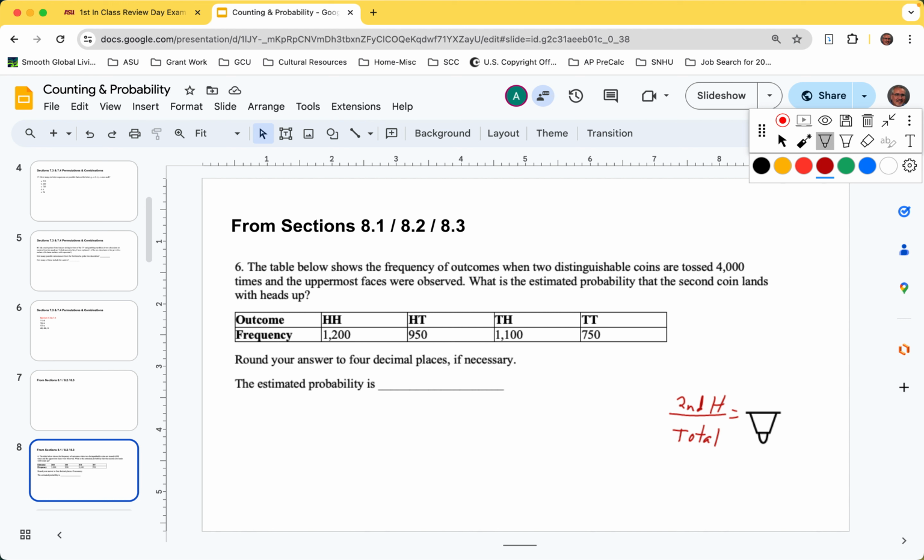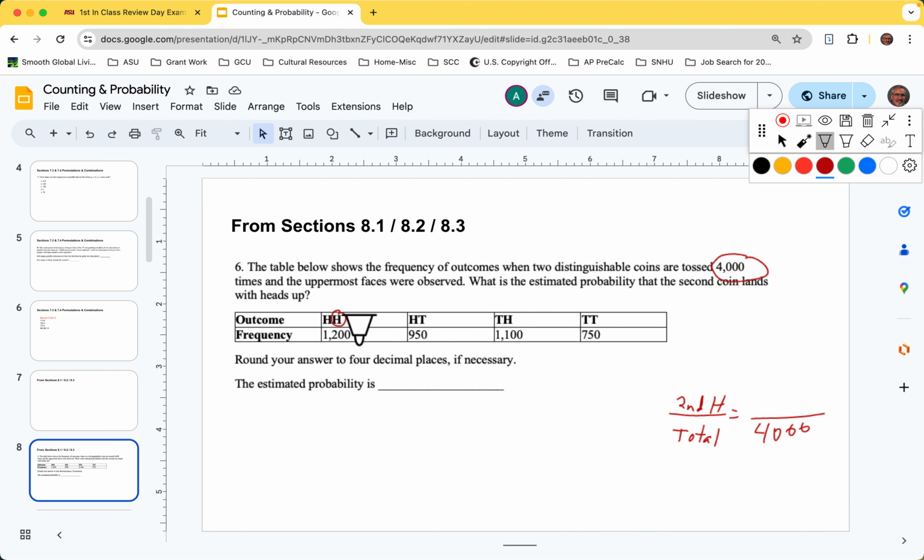Okay, so again, just to get you started thinking, it's good over total. So first, how many total things are there? You could add all these together, or, oh, they already told us it's 4,000. So they gave us the total. It was flipped 4,000 times. How many of those times is the second one a heads?